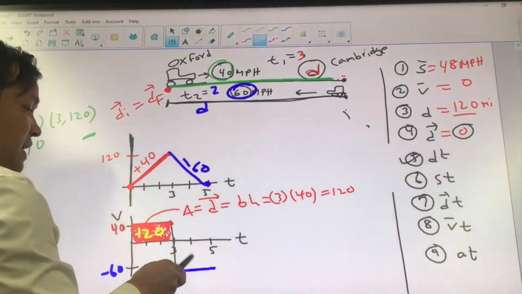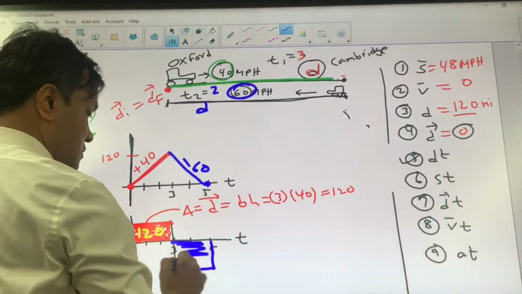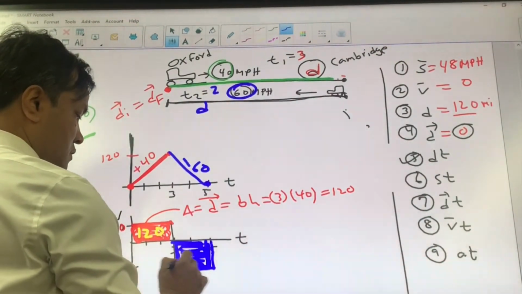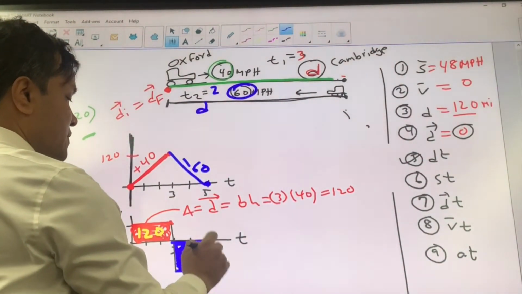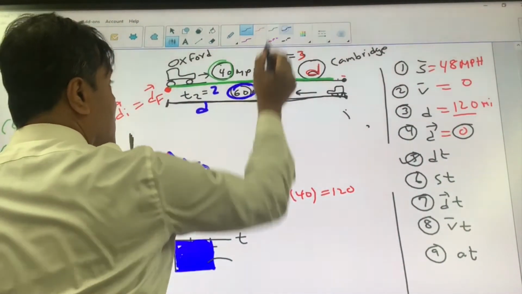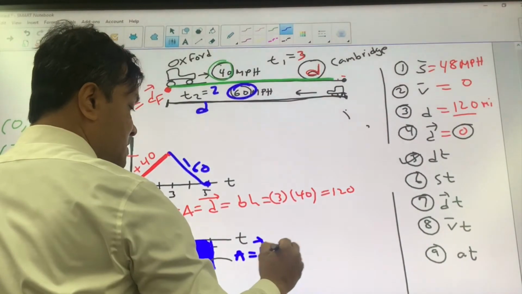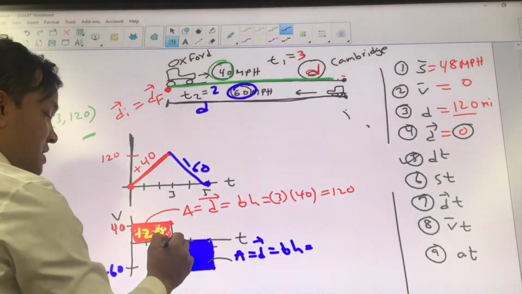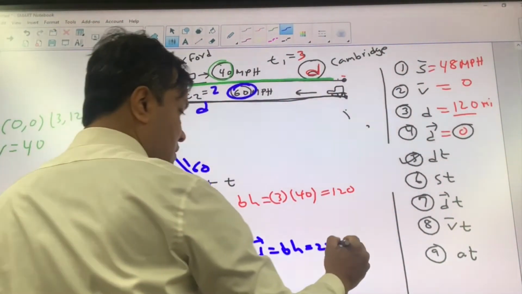Now we're going to find the area over here. The area is equal to displacement, which is equal to b times h, where b is 5 minus 3, which is 2, and h is negative 60.